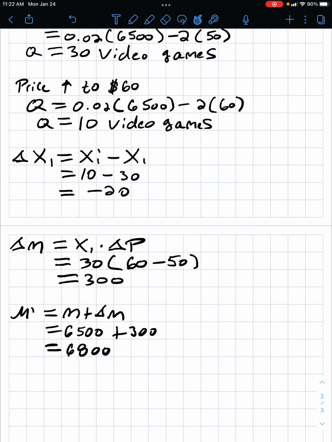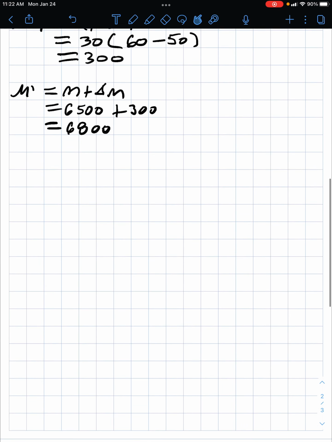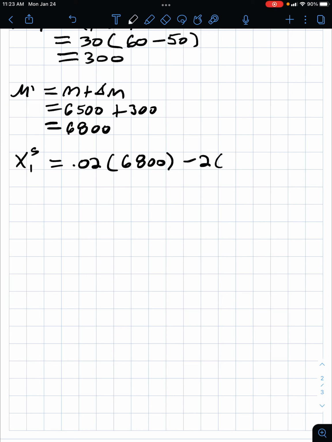Now that we found all our values, we just plug these values into a substitution equation. So x1 of s is going to be equal to 0.02 times 6,800 minus 2 times 60.